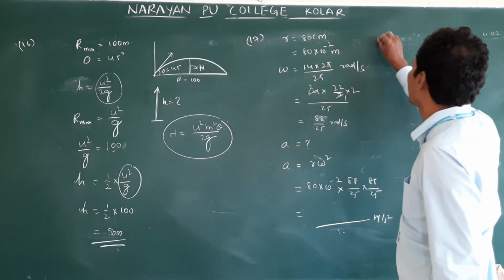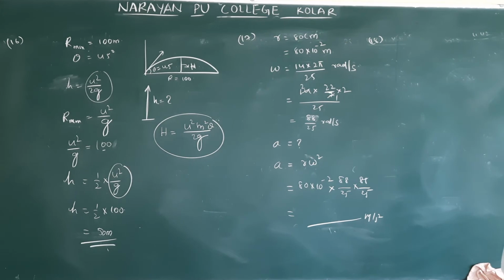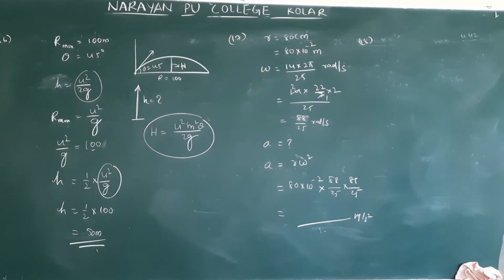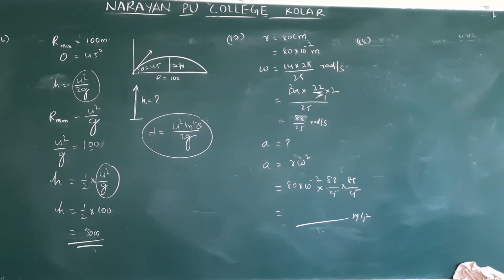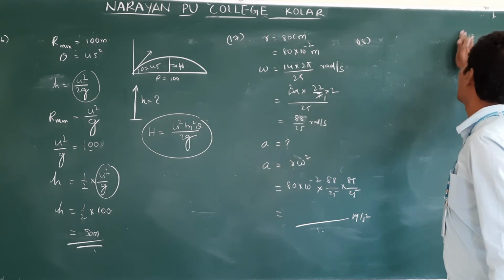Next, 18. An aircraft executes a horizontal loop of radius 1 km with a steady speed of 900 km per hour. Compare its centripetal acceleration with acceleration due to gravity. Clear? Now, the aeroplane is in circular motion.